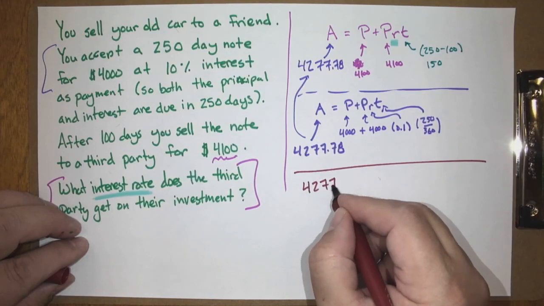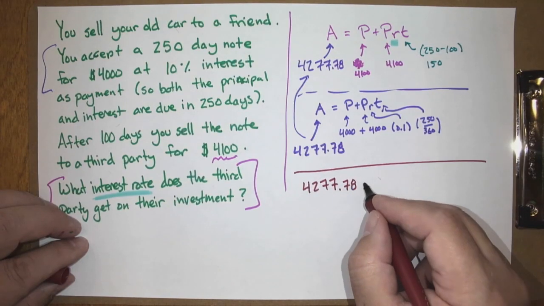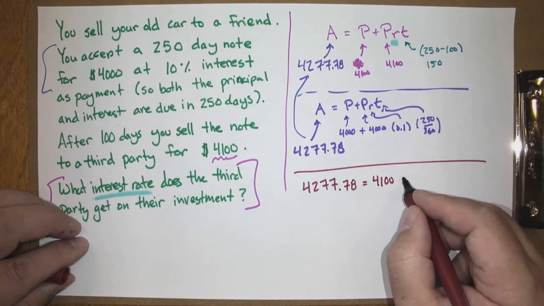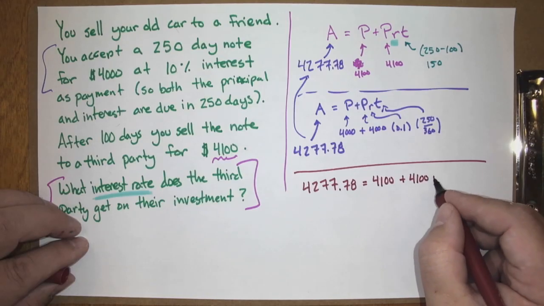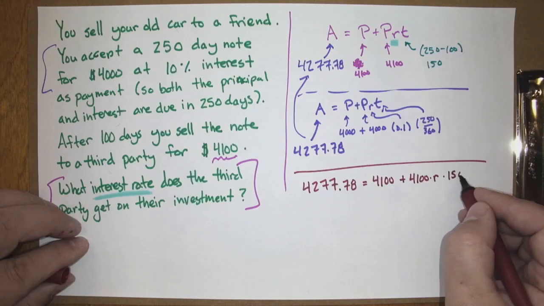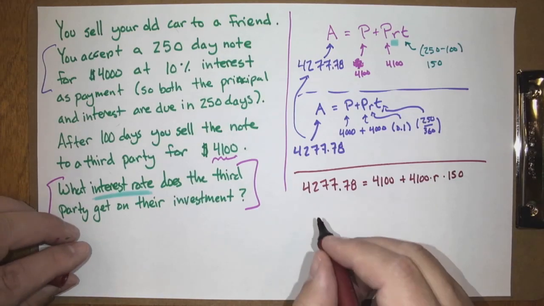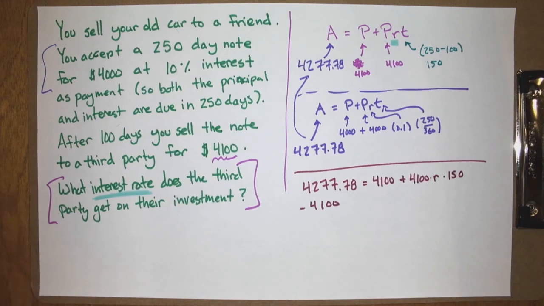We'll write down what we have. $4,277.78. That's how much the person who borrowed is going to pay back. The third-party person paid $4,100, and their interest that they're going to get is $4,100 times R times 150. So we can subtract $4,100 from both sides.